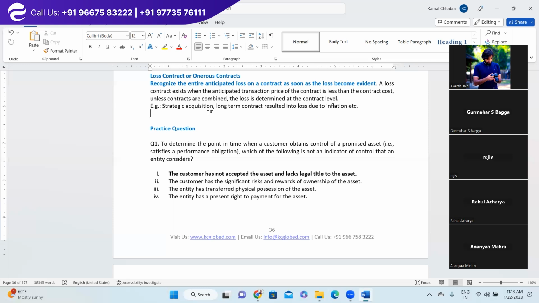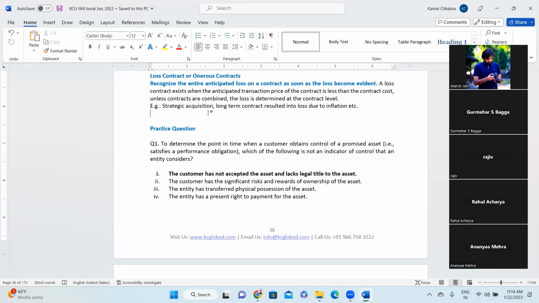But if the loss is on the strategic move, which I was sharing with you, then you need to evaluate the other contracts which are compensating that loss. And if that loss is still bigger than the other compensation or benefit you're receiving, then to that extent you need to book the loss. Are you getting what I'm saying?